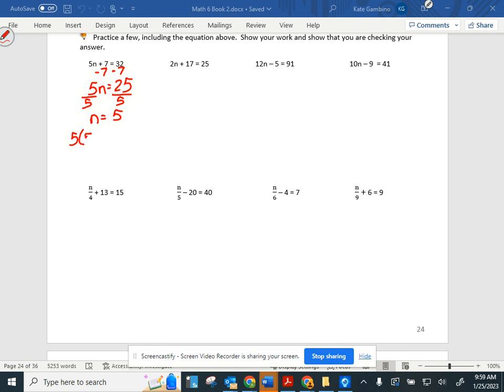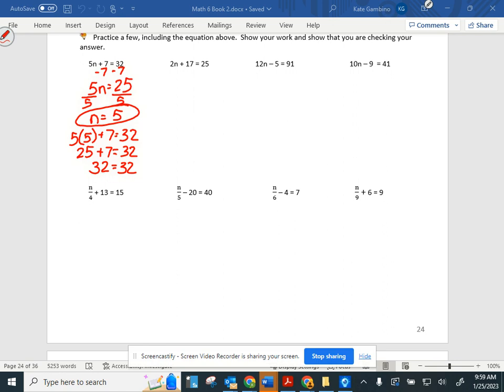Then we put it back in. And we did our math using PEMDAS going the right way. And we got 32 equals 32. And I'm going to go back and circle the correct answer, n equals 5. Because when we show all of our work, we have lots of writing. We want to go back and circle your final answer so it's easy to see.